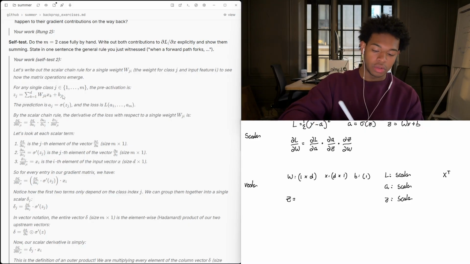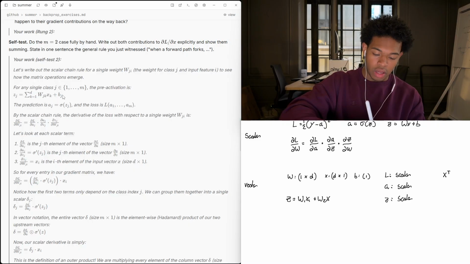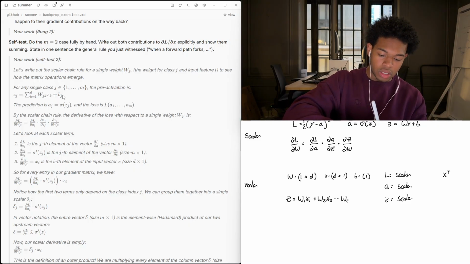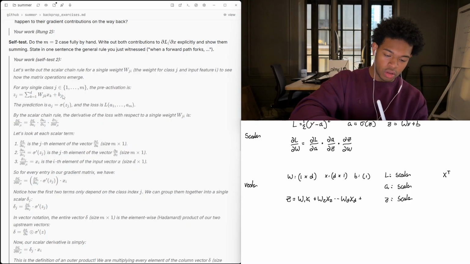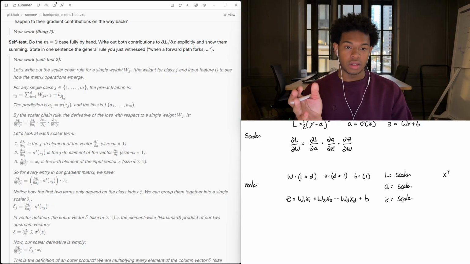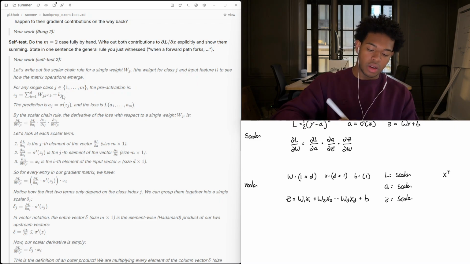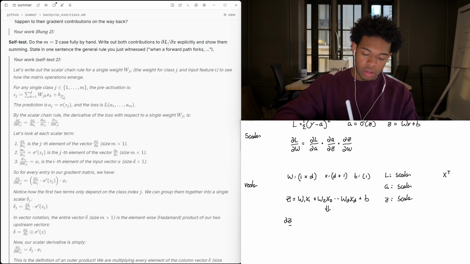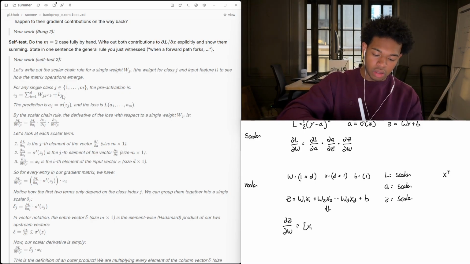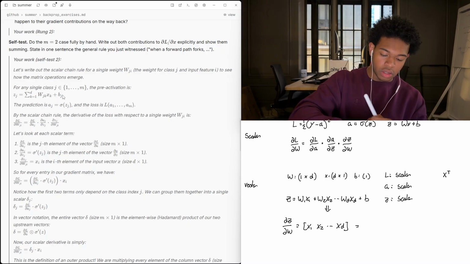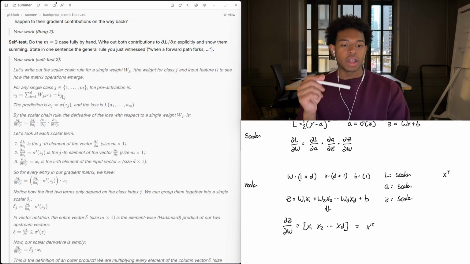Z still equals W1 X1 plus W2 X2 dot dot dot WD XD plus B. And that's Z. And therefore, the partial derivative of Z with respect to W equals X1 X2 dot dot dot XD, which equals X transpose, because X was defined as a column vector.